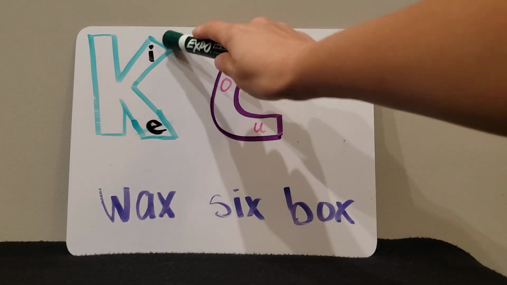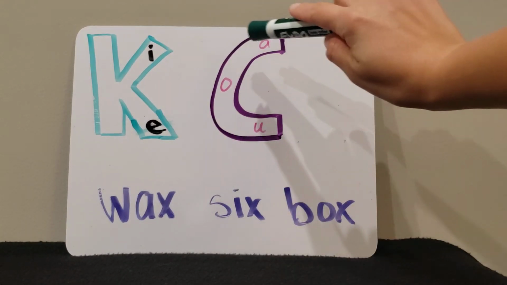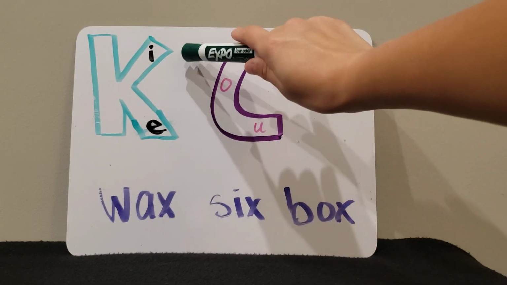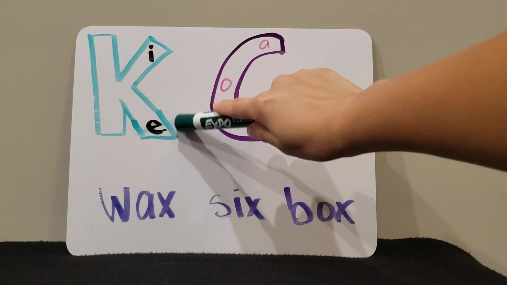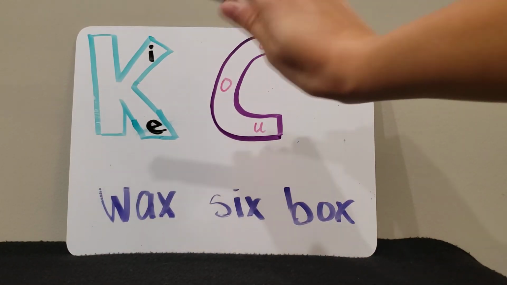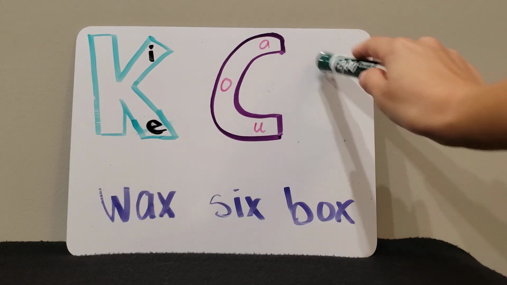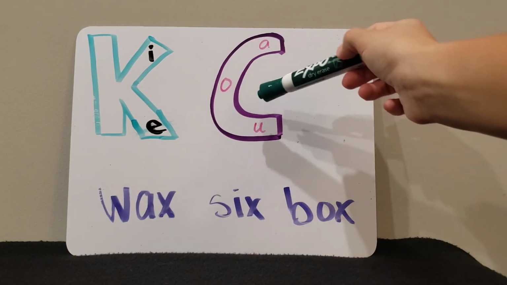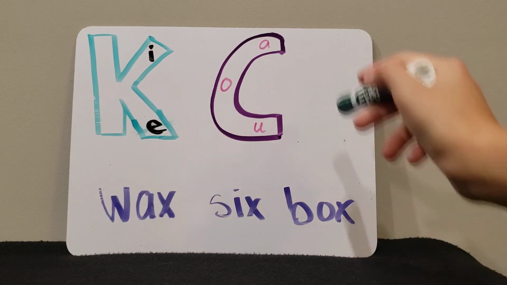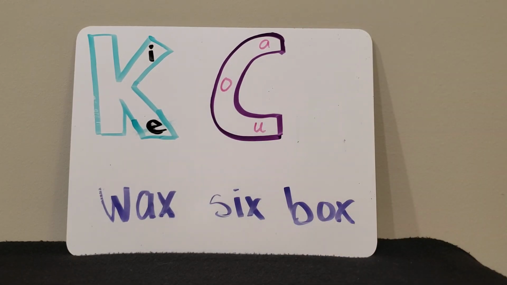So if we use the two, we have a total of 5 vowels. Remember that? And if we use I and E over here with the letter K, that means the other three, which is A, O, U, will come before C. Okay?